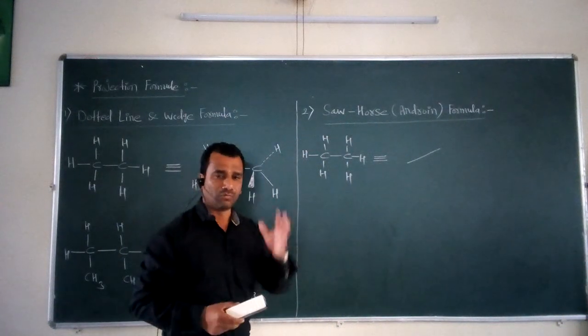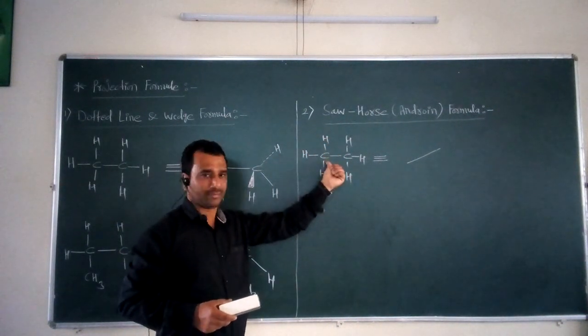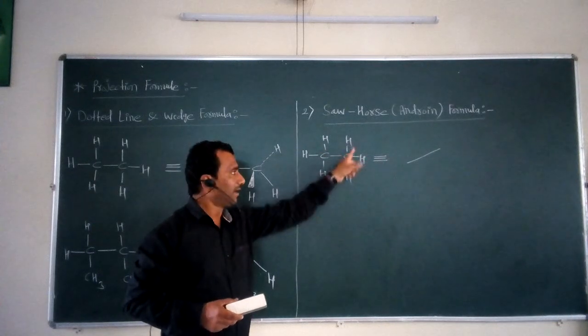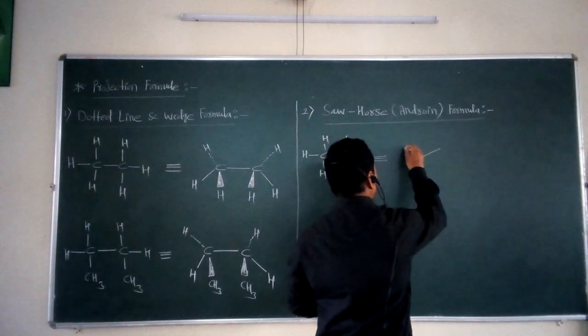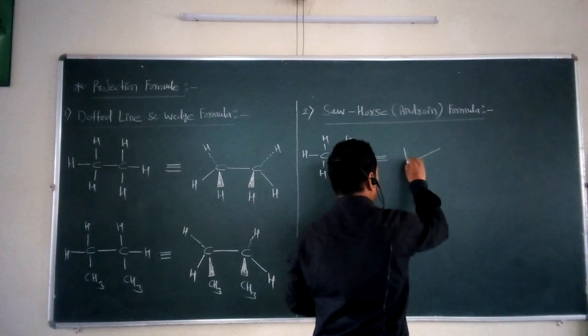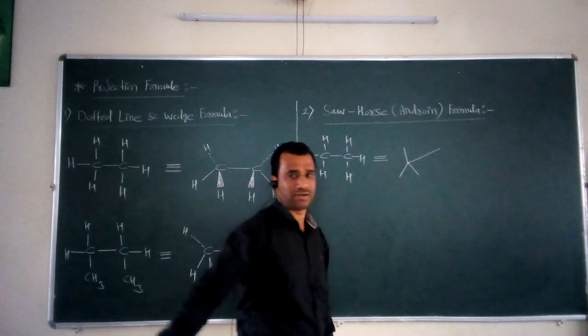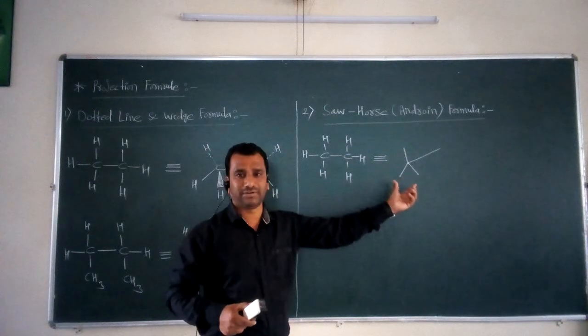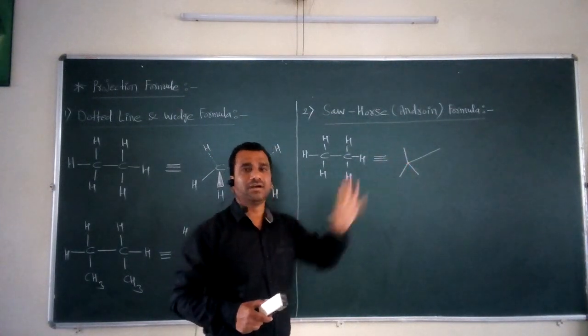After that, we have to consider that three hydrogen atoms are attached to this carbon. In the same way, again three hydrogen atoms are attached to this carbon atom. These attached hydrogen atoms are shown like an inverted alphabet Y. So it indicates that three hydrogen atoms are attached to the first carbon.